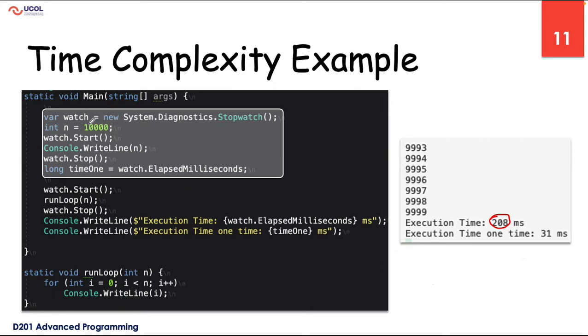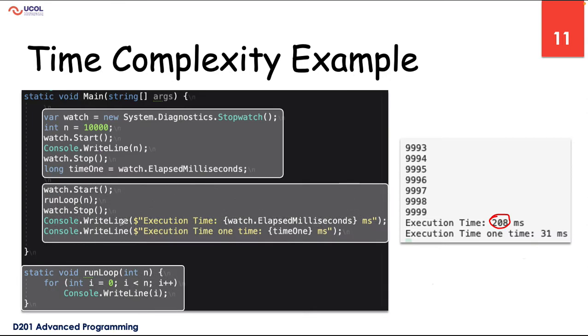We can use the stopwatch that is present in System.Diagnostics. Before you execute the problem, you start the watch, and later you stop it, and then you check the time from it, and it gives us the exact time that it takes.